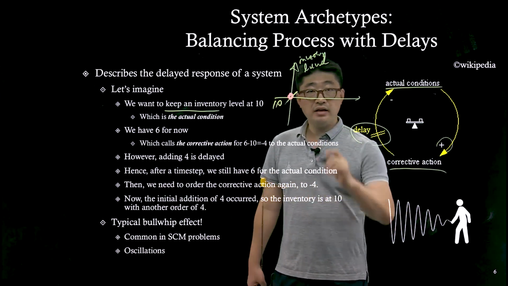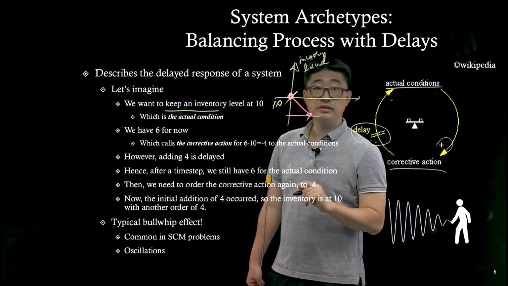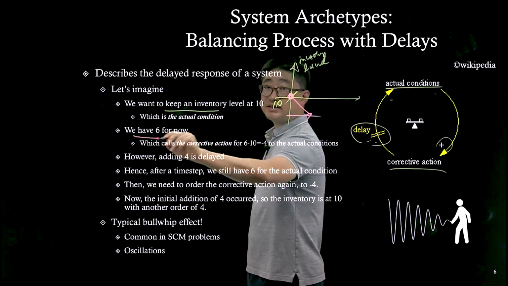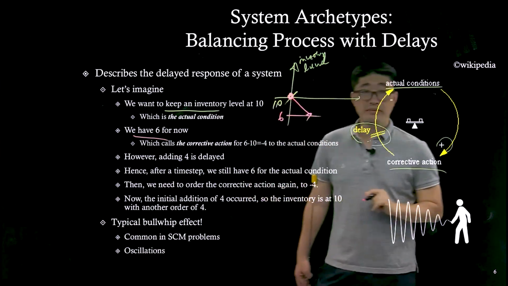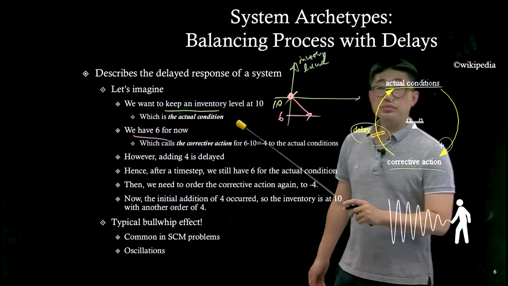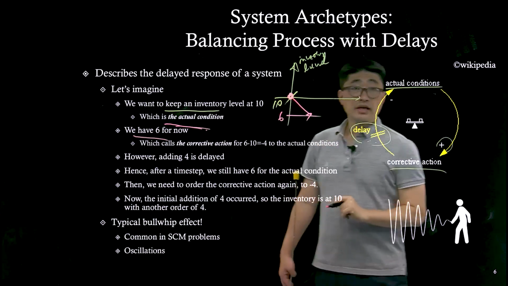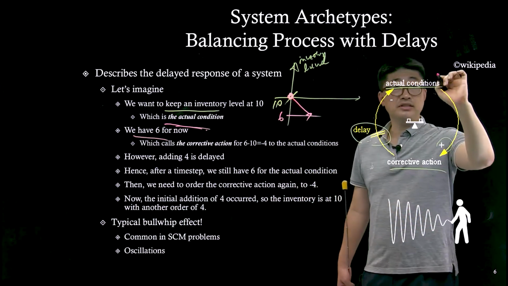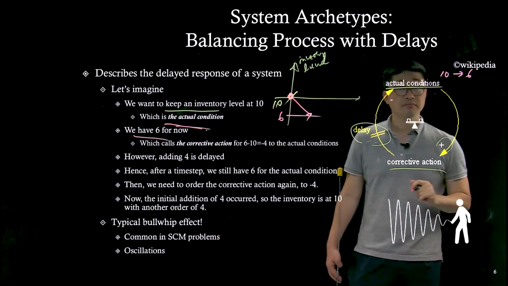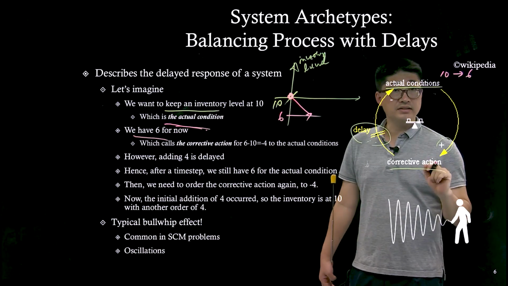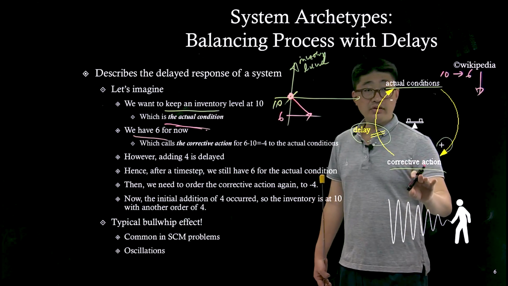And then, on another good day, we sold 4 of our products. So now we have 6 in our inventory. So the inventory level is 6. So we are going to model the inventory level as the actual condition. And this actual condition goes from 10 to 6. So the actual condition has decreased, and this creates a corrective action.